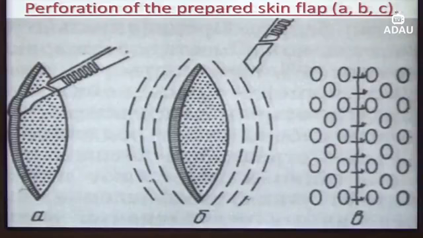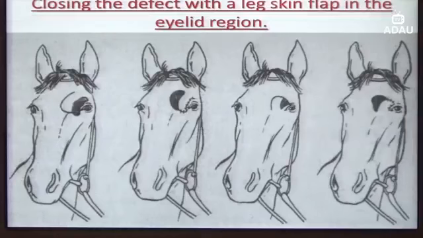Preparation of the skin flap, how we should prepare a skin flap, and closing the defect with the leg skin flap in the eyelid region. Here we can see a horse with a defect near the eye, and the defect is closed with leg skin, which was taken and transferred to this place.